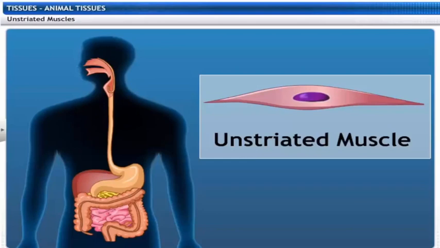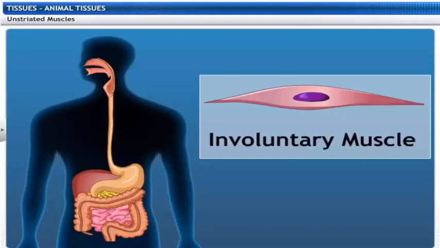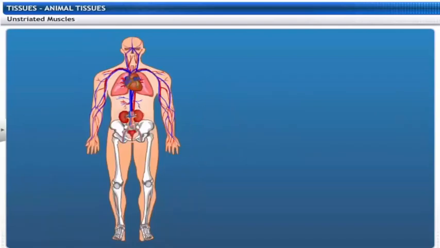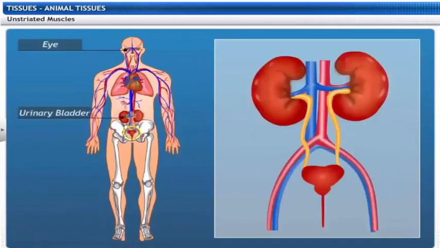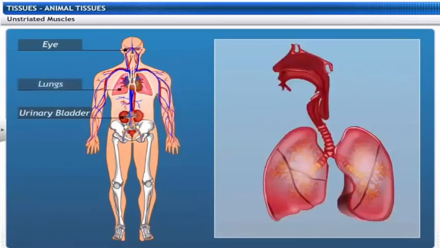They do not have striations and are called smooth muscles. They are also beyond our control and are called involuntary muscles. They are found in the iris of the eye, urinary bladder, and bronchi of the lungs.